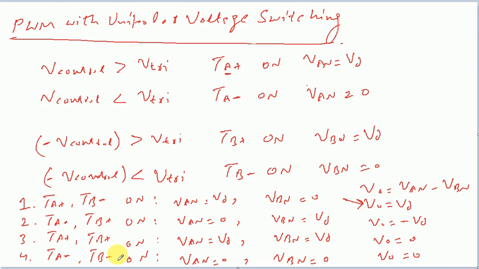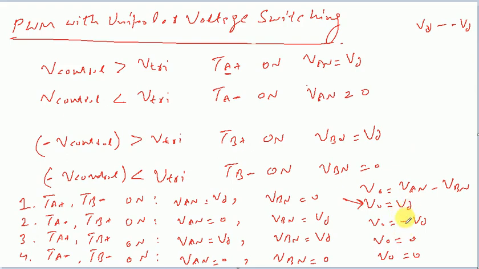Here are the differences that we can compare with the bipolar switching scheme. In this case, the output voltage is switching between plus VD and 0, or minus VD and 0. This is slightly different from the previous case, in which the output voltage was switching between only two levels, VD and minus VD.